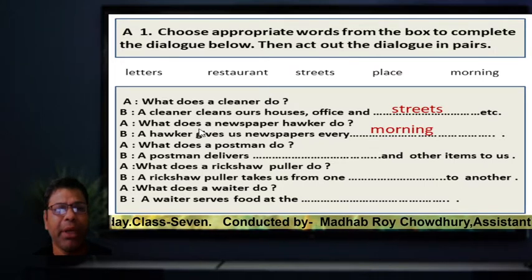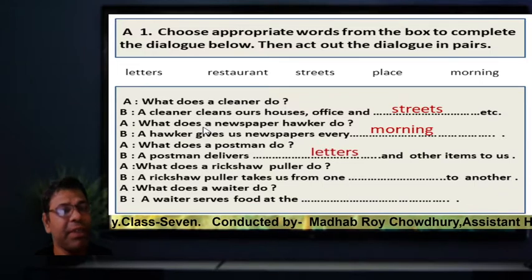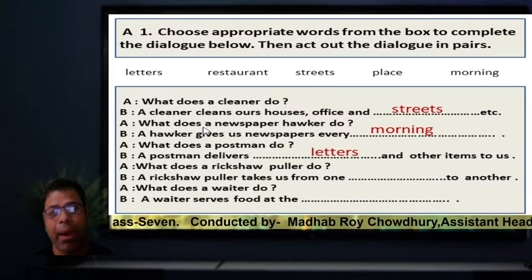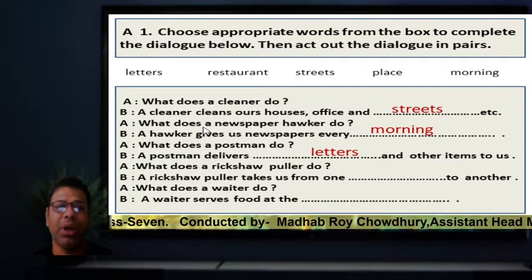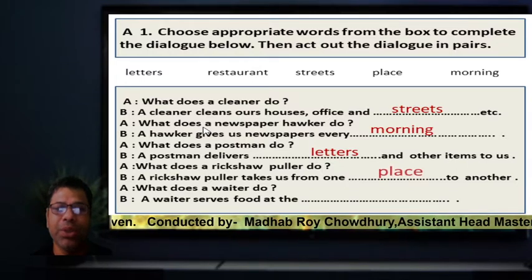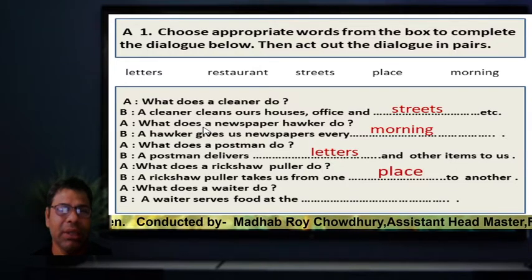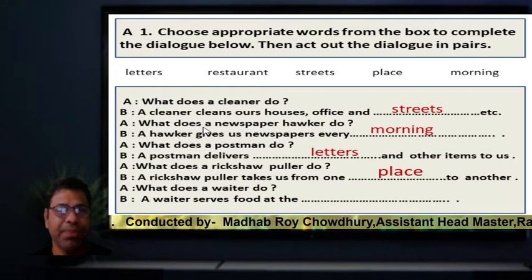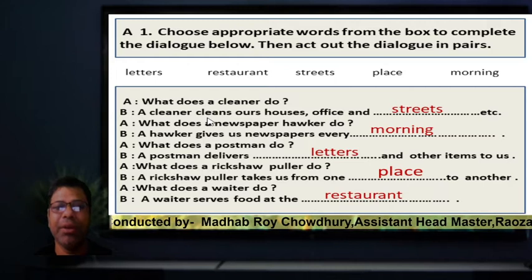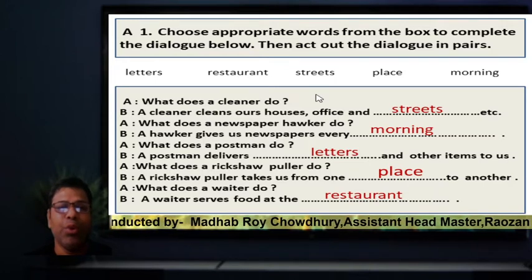A postman delivers letters and other items to us. What does a rickshaw puller do? A rickshaw puller takes us from one place to another. What does a waiter do? A waiter serves food at the restaurant, isn't it? Okay, thank you very much. Now moving on to the next.